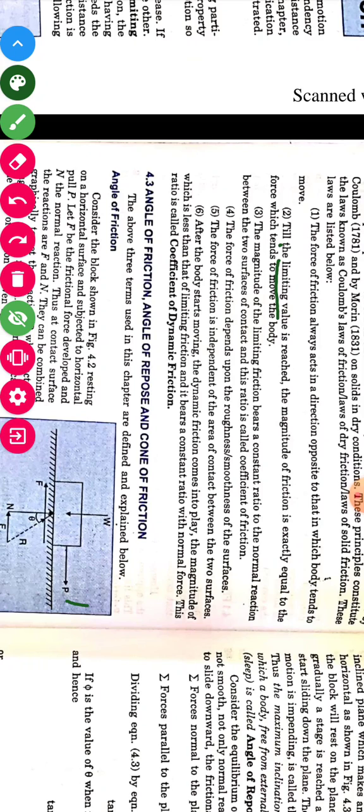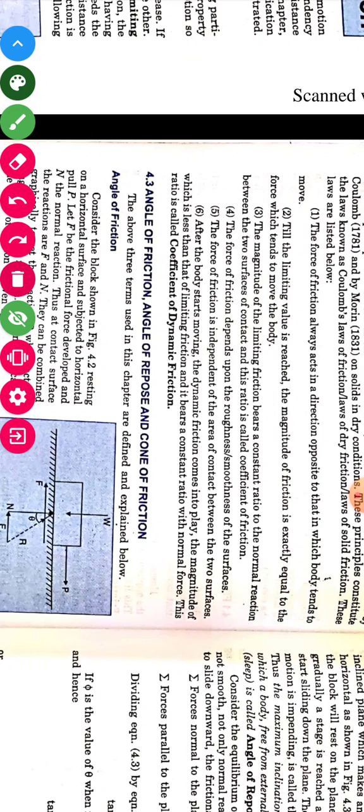And regarding that, we have a law: till the limiting value is reached, the magnitude of friction is exactly equal to the force which tends to move the body. Friction force adjusts itself according to the force. How much the force is, the friction force will become that much. Suppose you are applying 5 newtons of force here, the friction force will also be 5.